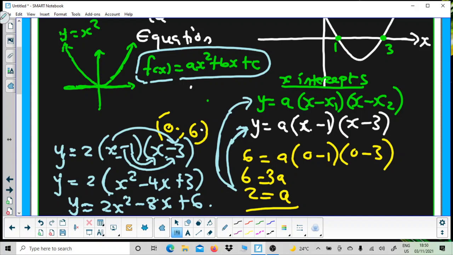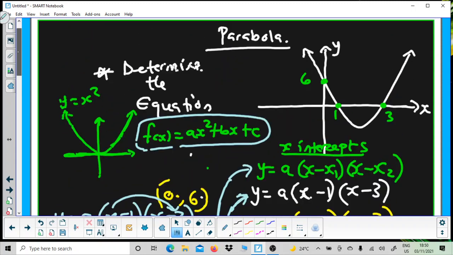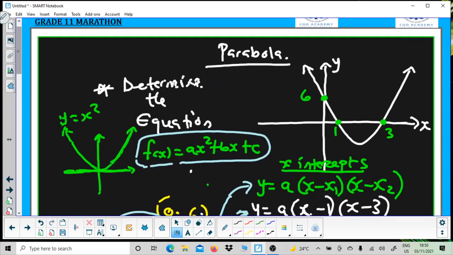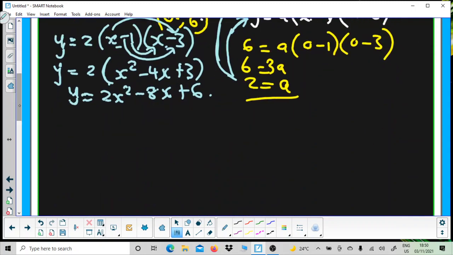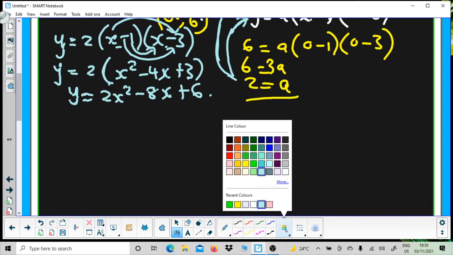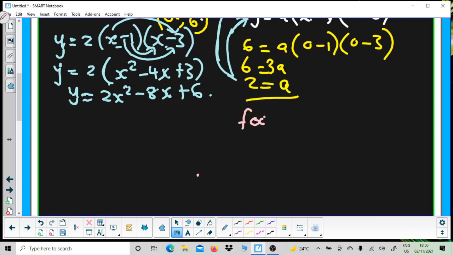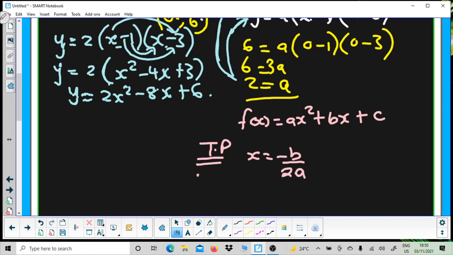However, before I go, maybe I can talk about the turning point. Just at the beginning of this marathon, we actually got a place where a turning point was needed. So if your function is in this format, and you want to get your turning points, remember, this is the time that we say to get x, you say negative b over 2a.